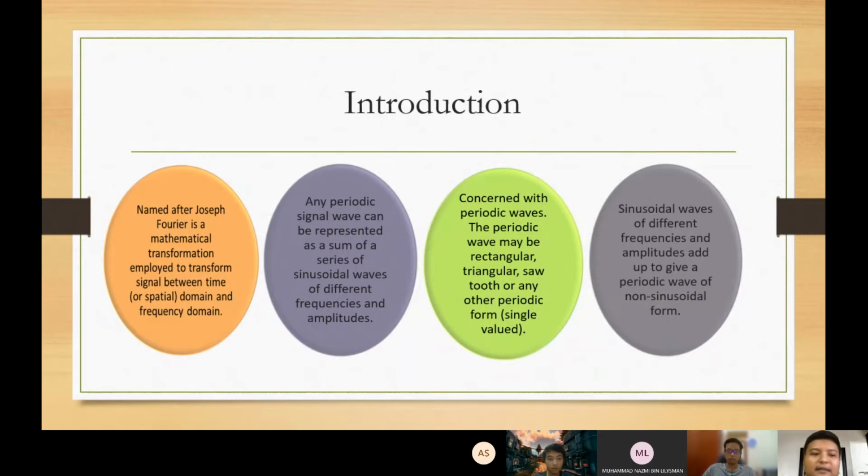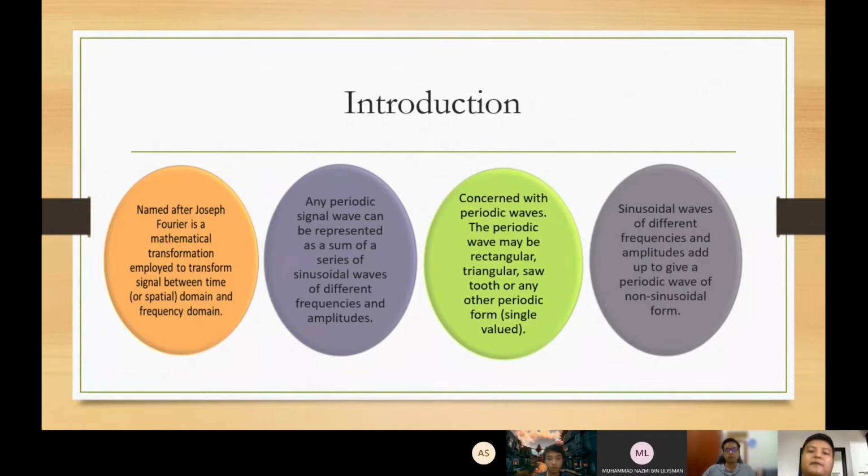Fourier transform is named after Joseph Fourier. It is a mathematical transformation employed to transform a signal between the time or spatial domain and the frequency domain. Any periodic signal wave can be represented as the sum of a series of sinusoidal waves of different frequencies and amplitudes.